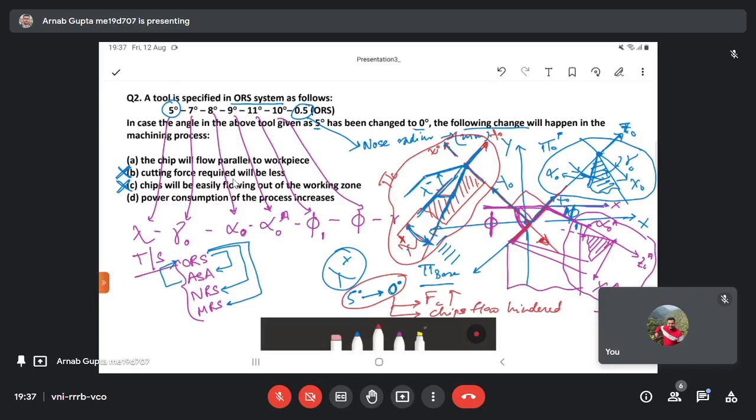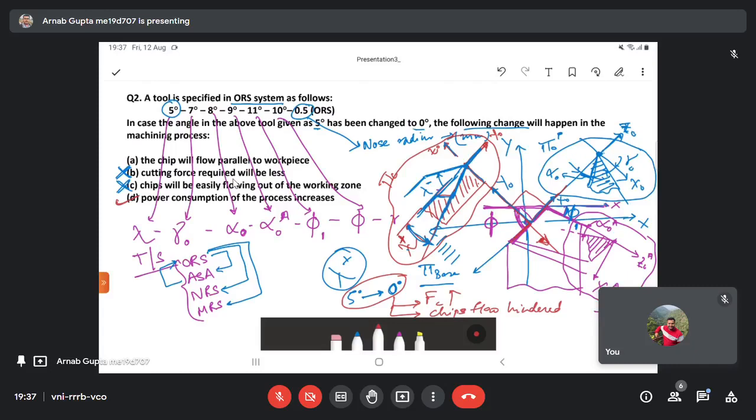Power consumption of the process increases. So D is a correct answer because you are decreasing the rake angle or inclination angle. So power consumption of the process should increase.